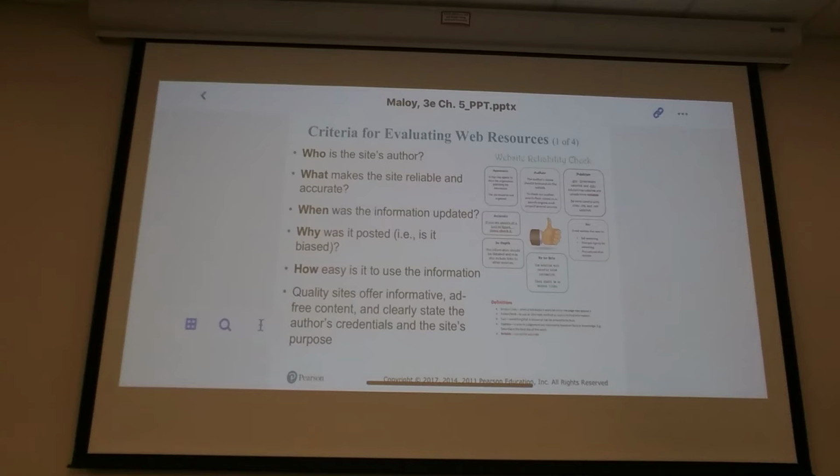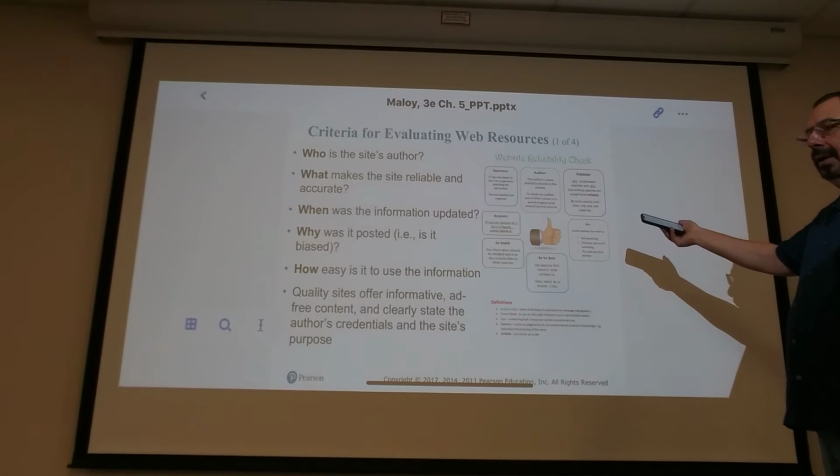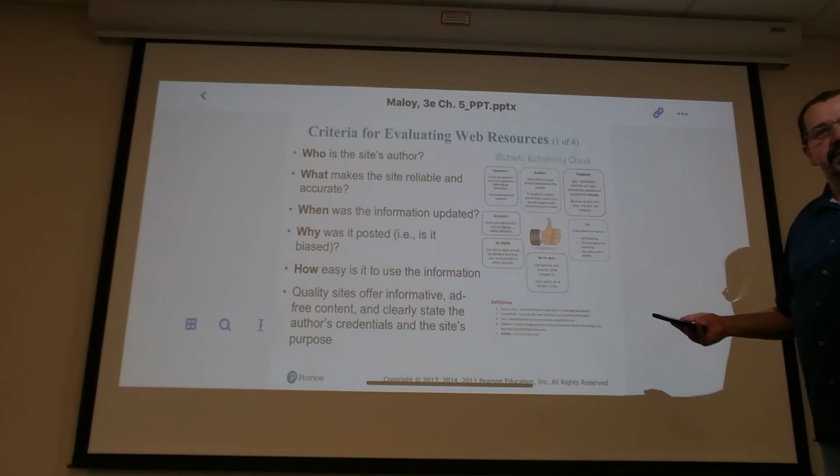So the criteria for evaluating web resources are just like a reporter in a newspaper: who, what, why, where, and how. You want to look at all this stuff to see who's the author, what does the appearance look like, who's it published by, if anybody. Is it a blog by somebody named Ransom2447 or something?